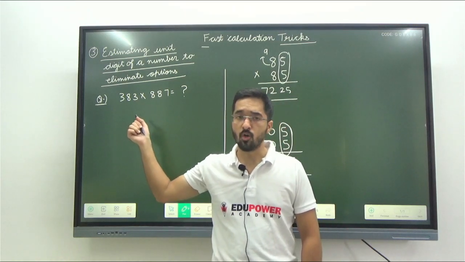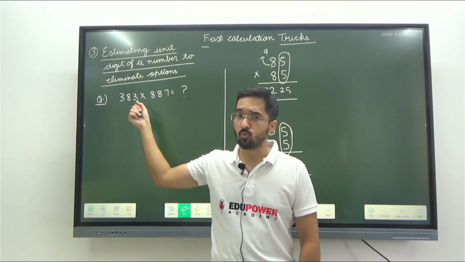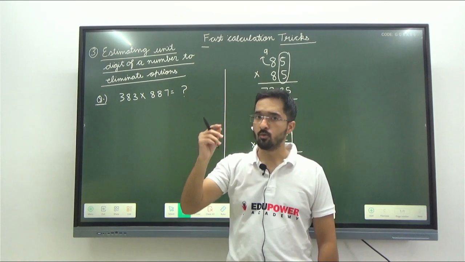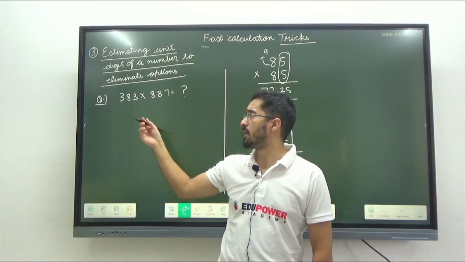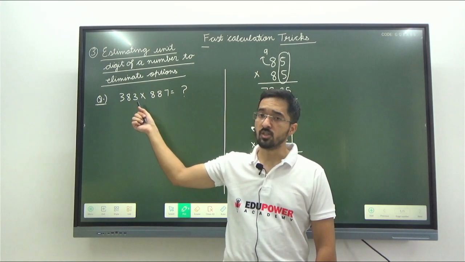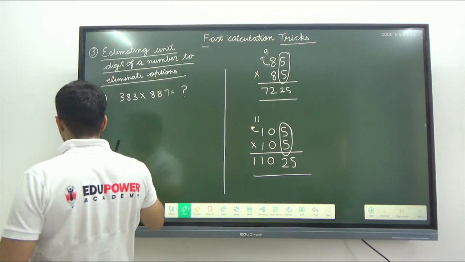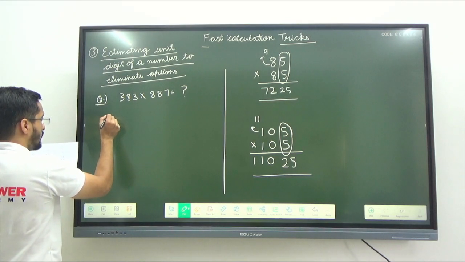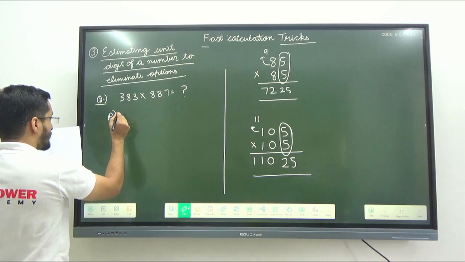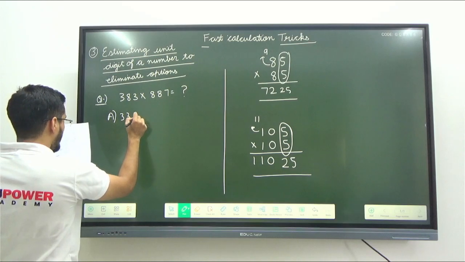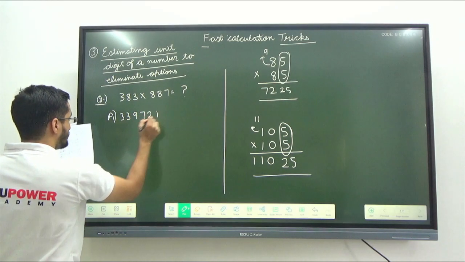Suppose in an exam you have to solve a question, you do 2 or 3 steps, and at the end you come to this multiplication. Now you have to solve it, and you have 4 options. First option is 339721.